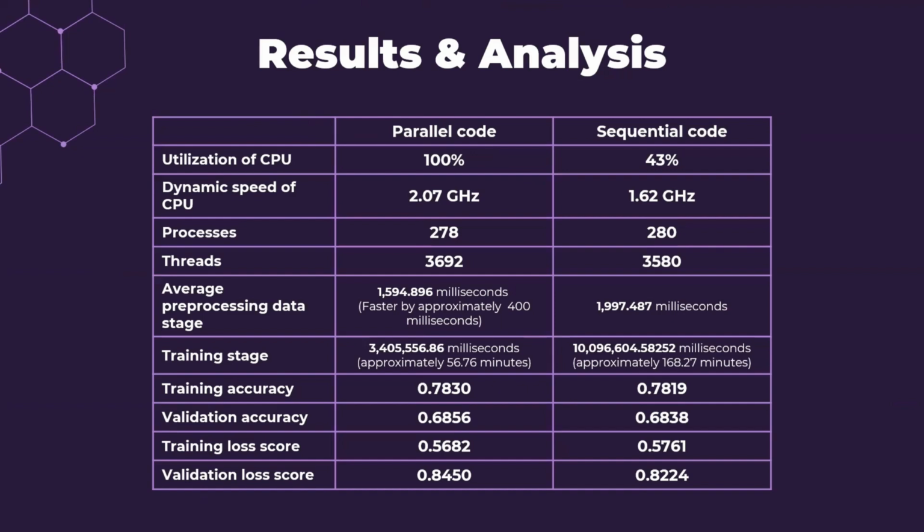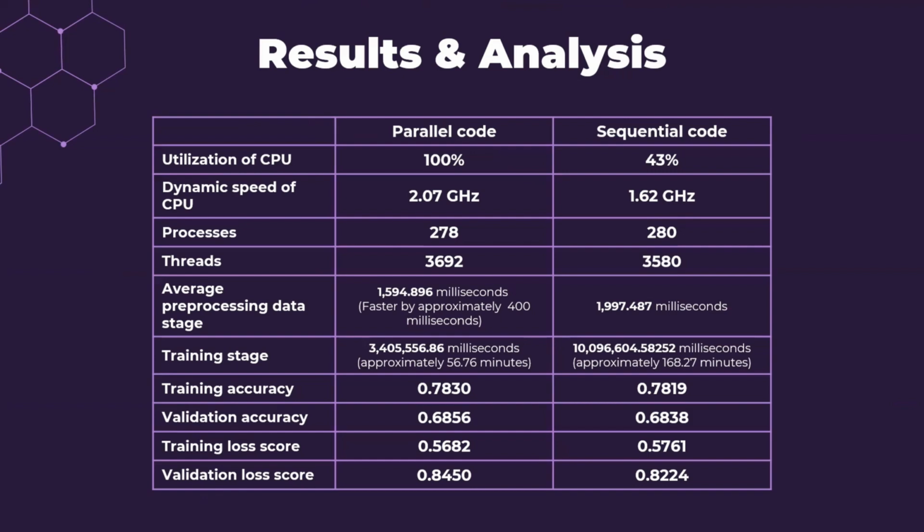Processes and thread management: despite having similar numbers of processes, parallel processing effectively handled more threads. Execution time in pre-processing and training stages: parallel processing significantly outperforms sequential processing in execution time, in both the pre-processing and training phases.